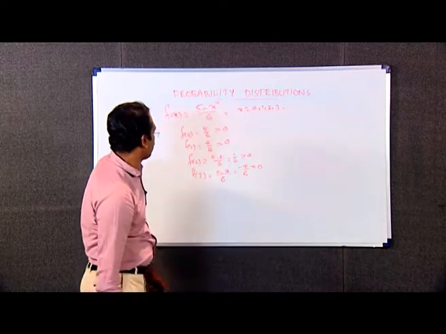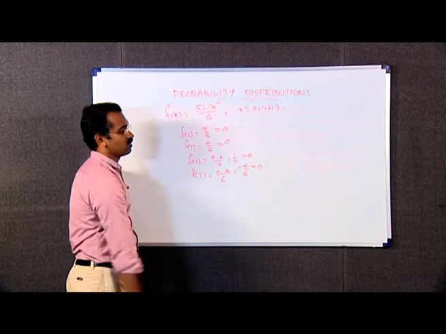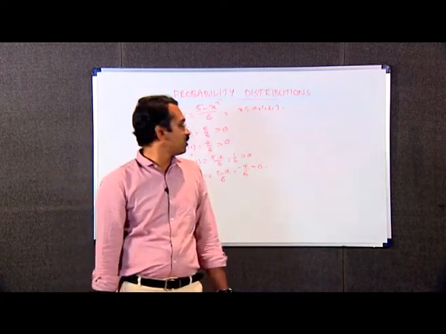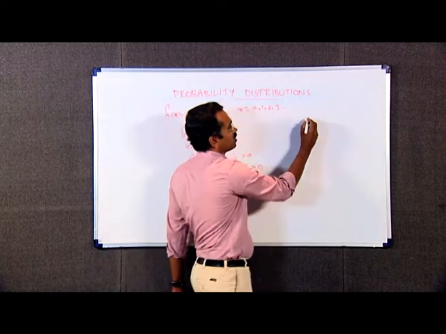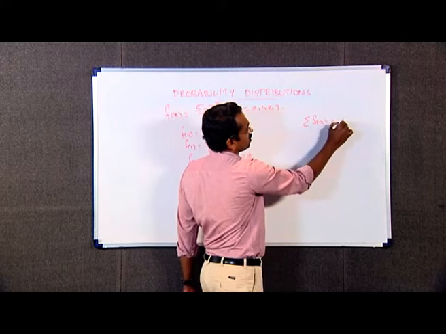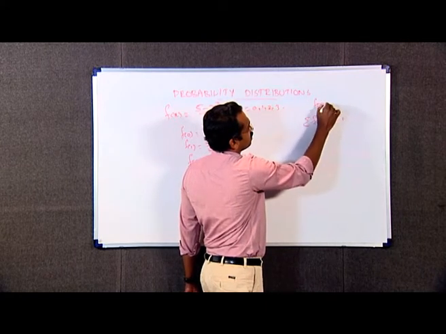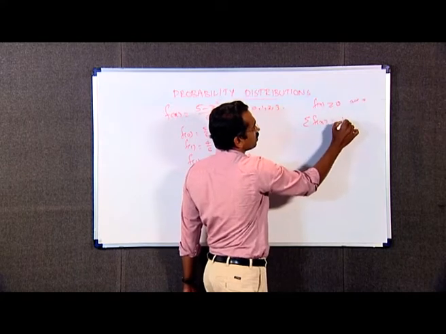That means if we put x equal to 3, the corresponding function value is less than 0, which violates the first condition of the above stated theorem, that is, sigma f of x equal to 1 and f of x is greater than or equal to 0 for all values of x.